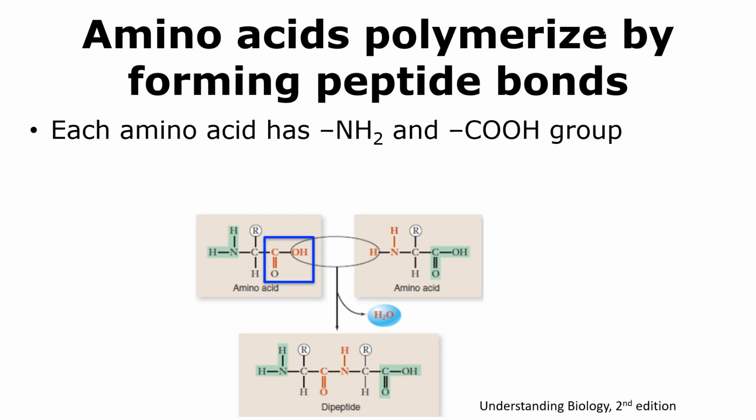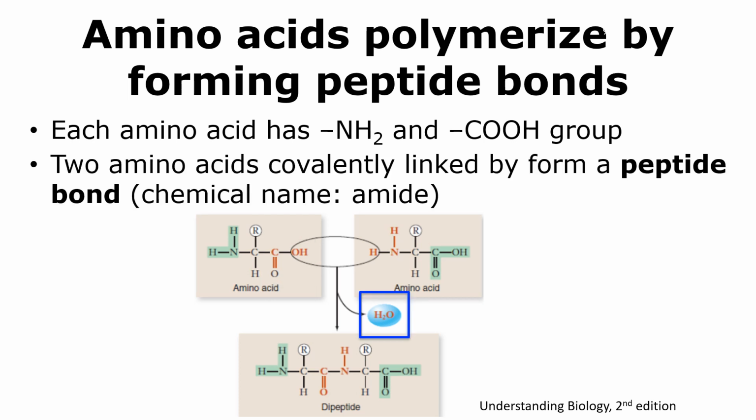And when this reaction occurs, water is lost, and the 2 amino acids can be linked together through a bond that is called a peptide bond. The peptide bond is essentially an amide, but in the context of amino acids, it is also given the name of a peptide bond. And this way, we are able to see two amino acids being linked together to form a dipeptide.